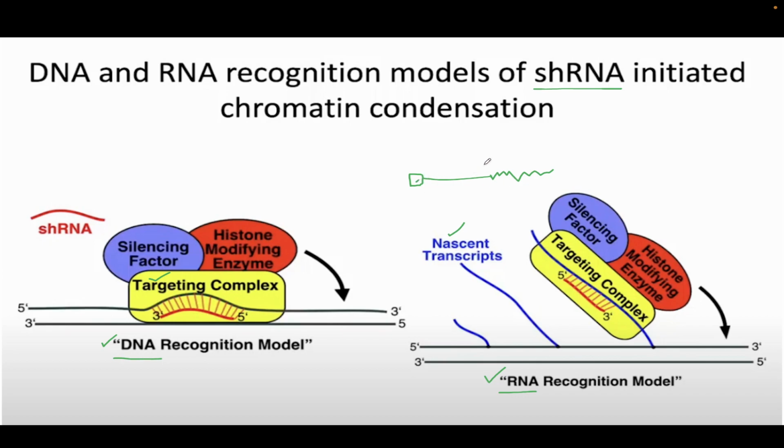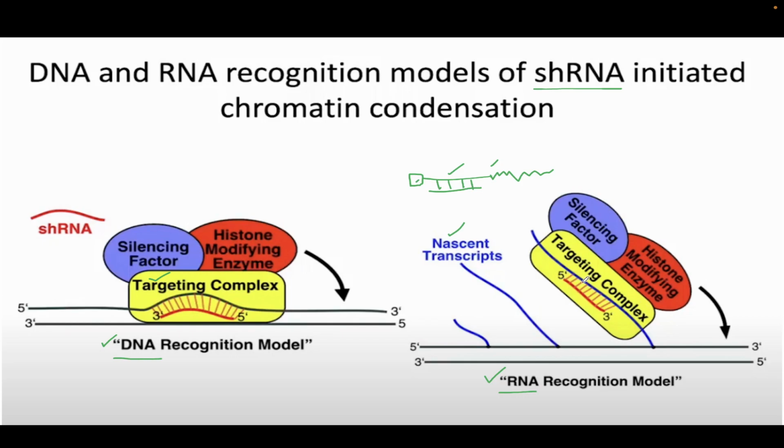So when capping and tailing happen, it will be called mature mRNA, or poly A tail mRNA. This mature mRNA now gets expressed, that means the gene is moving towards the translation process. Now this shRNA comes, it will form a double strand with this particular region where the gene is, which we need to silence.